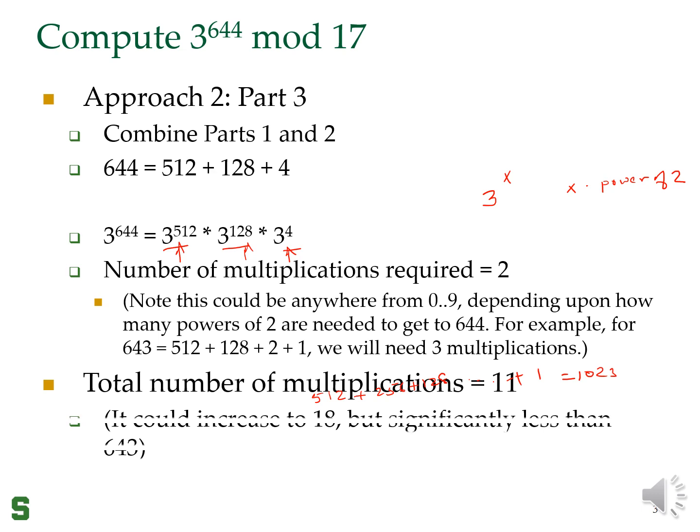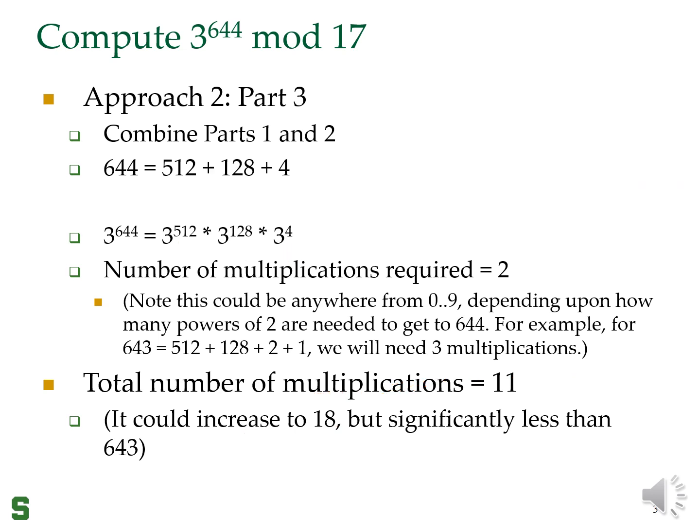So right now I had to do a total of 11 multiplications, but it could grow to 18 if the number was slightly different. Instead of it being 644, if it was 645, it might change, 643, it might change. But for all numbers up to 1024, or rather 1023, the number of multiplications I will need could grow, but no more than 18. And this is going to be the key for doing modular exponentiation that we need to do in the context of cryptography.